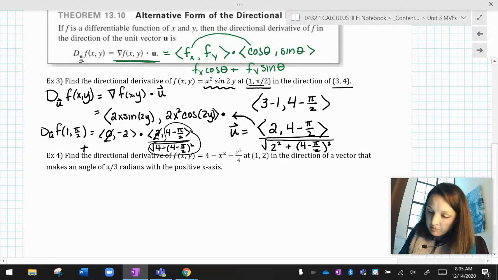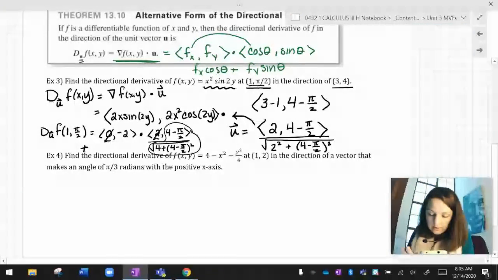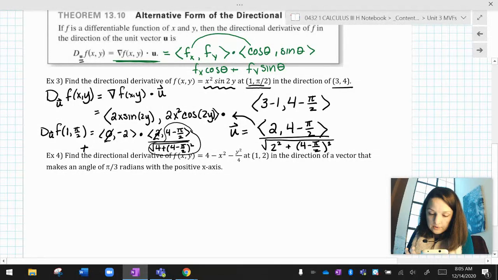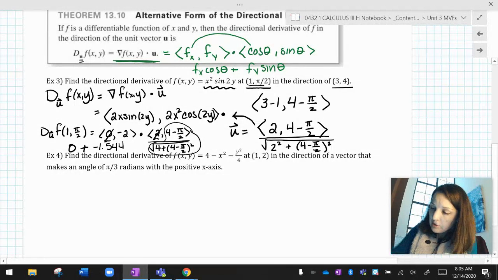Except that's not supposed to be a minus, it's supposed to be a plus. My apologies. And I get 0 plus negative 1.544. So this directional derivative is negative 1.544.